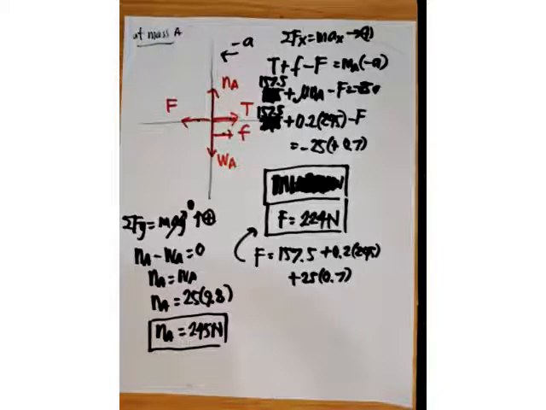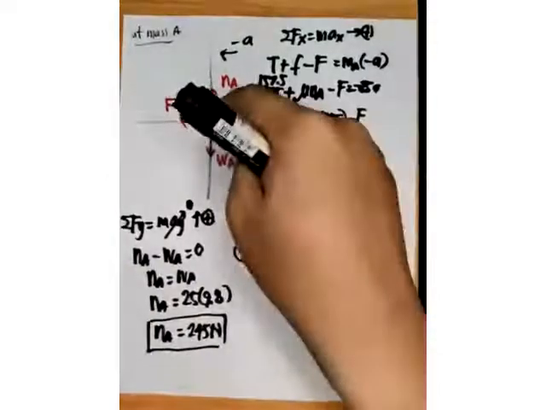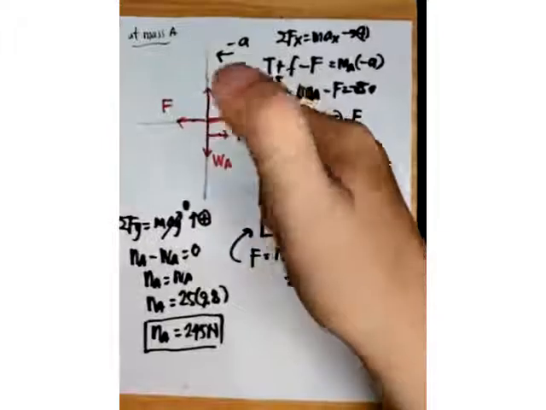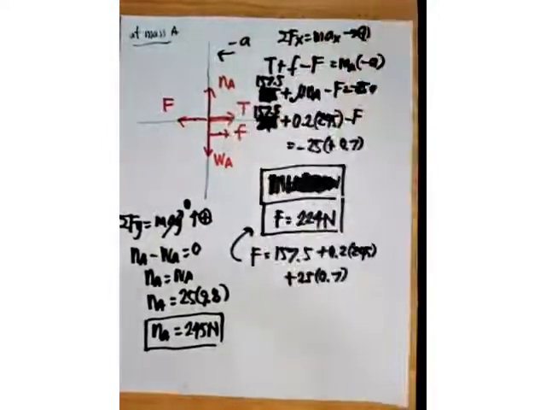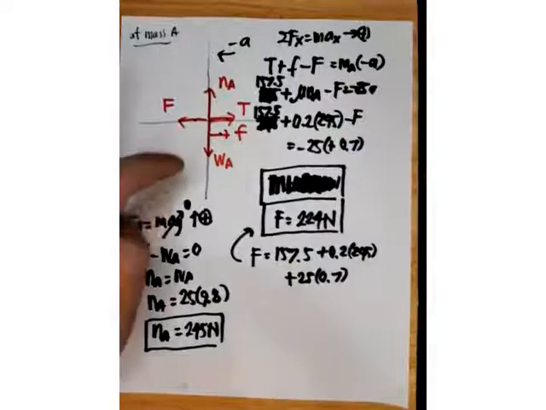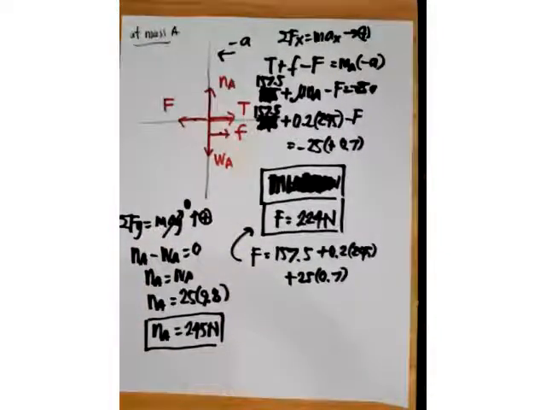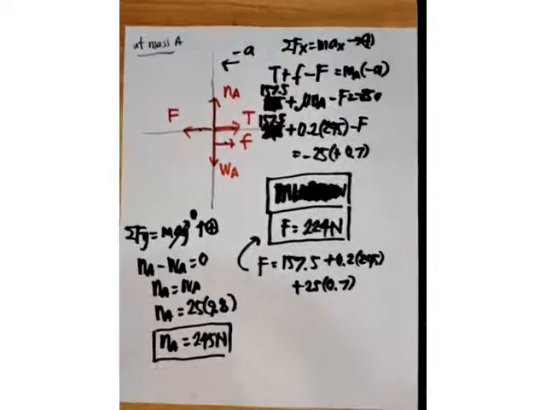Hindi ko lang sila mapagpatong dito sa line na to, kaya binaba ko lang yung F. Pero minsan tatlo sila, tinataas ko naman yung F, para lang hindi magulong tignan. Pang-importante yung direction nila ay visible. Okay? So, meron pa bang ibang tanong? Okay, wala. So kung wala na, we'll proceed to our next example.